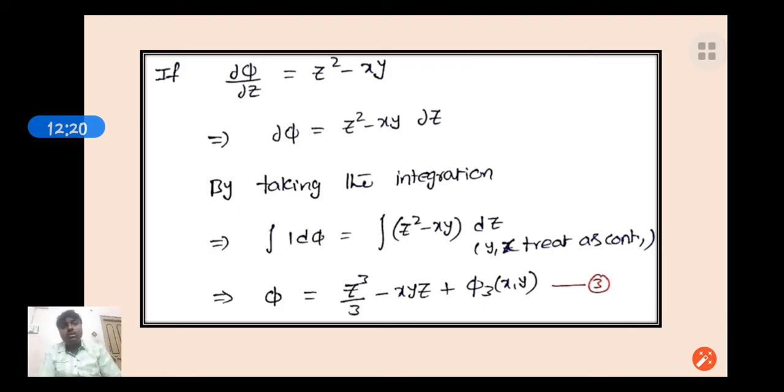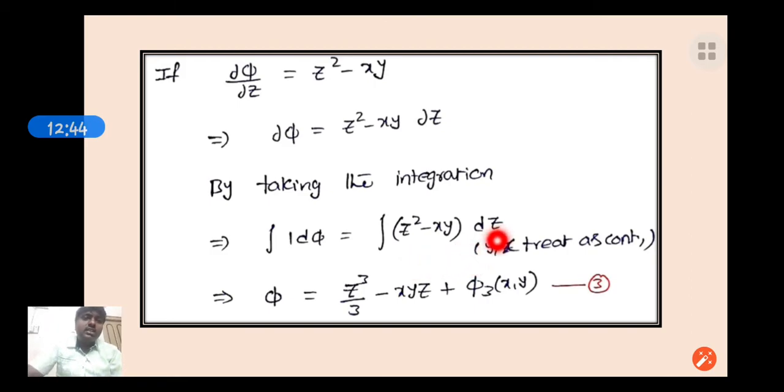Now I go through the third one. Dou phi by dou z is equal to z square minus xy. Here also I am taking the cross multiplication, dou phi is equal to z square minus xy into dou z, and by taking the integration, integral 1 d phi is equal to integration of z square minus xy dz.